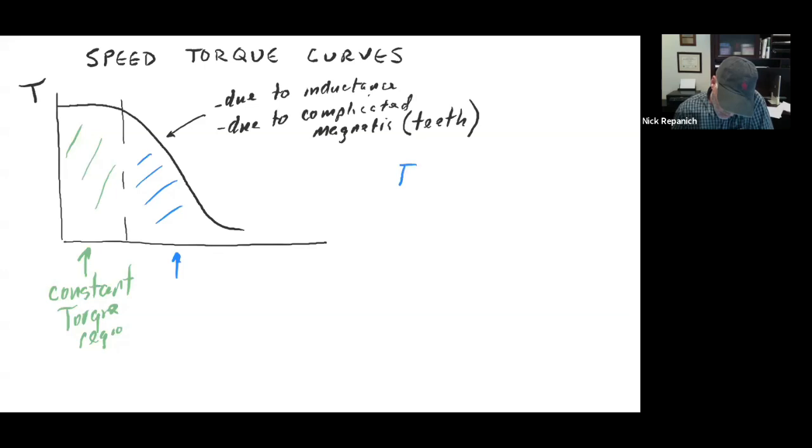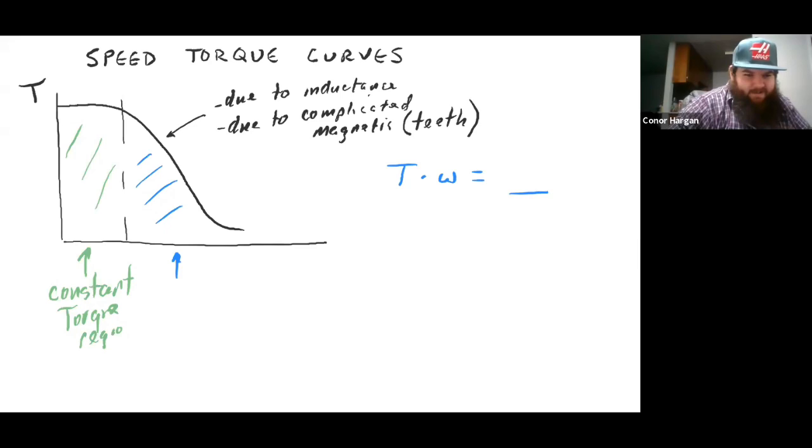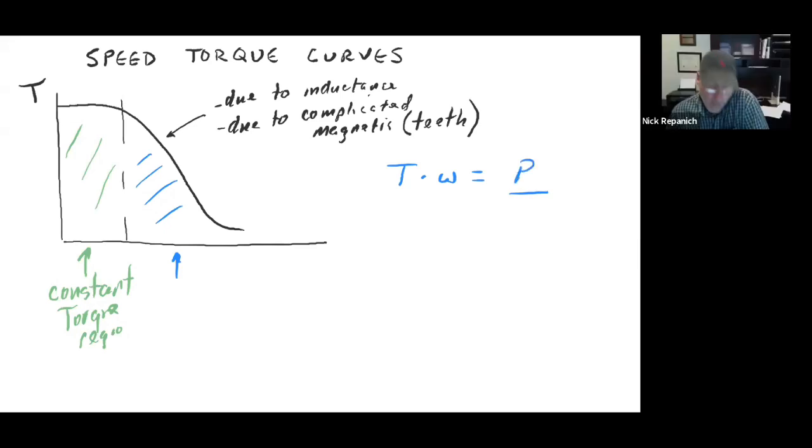Torque times speed equals... remember that from your mechanics somewhere? Power, right. So guess what this region is called? This is the constant power region.